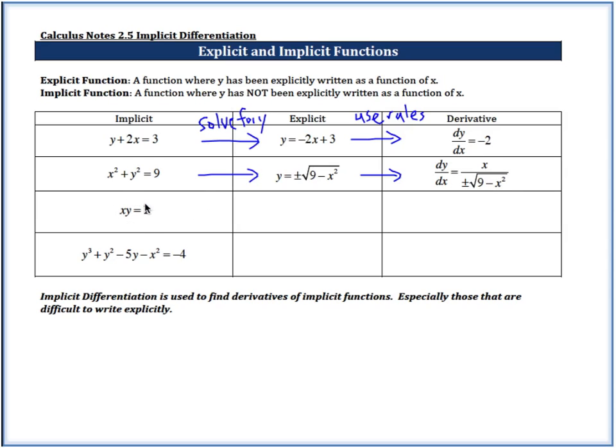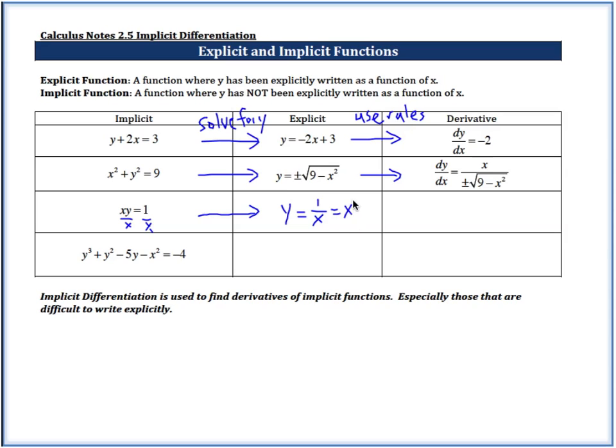Let's take a look at this implicit function, x times y equals 1, and write it explicitly. We want to get y by itself, so we divide both sides by x, and we get y equals 1 over x. From this explicit function, we know how to find the derivative.